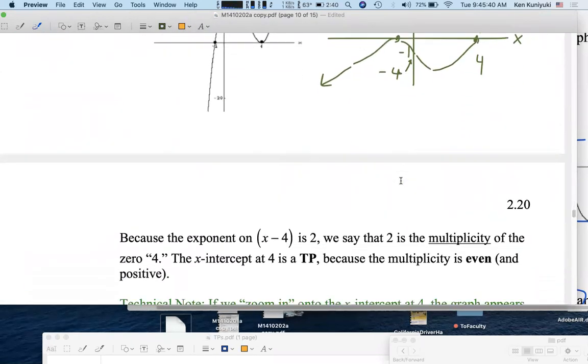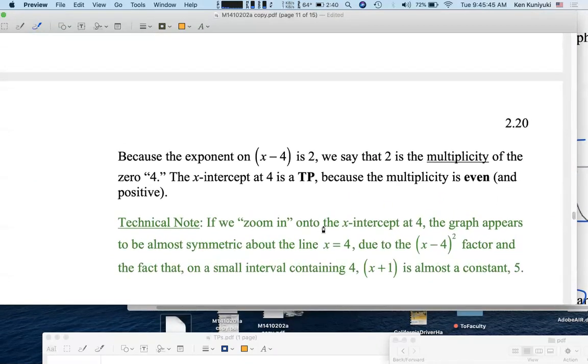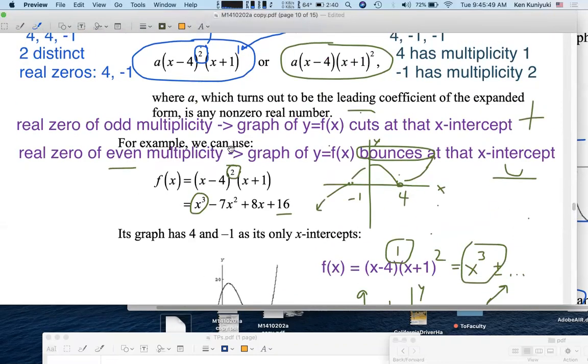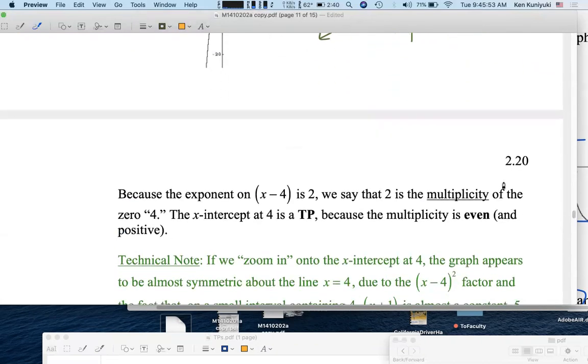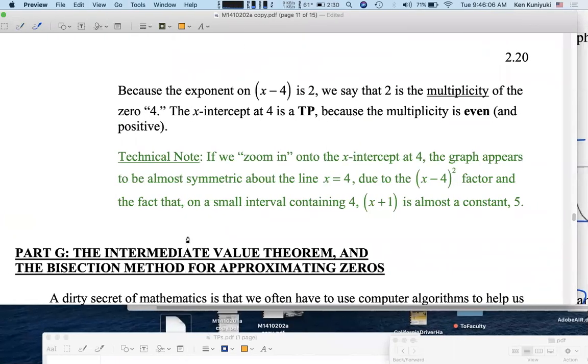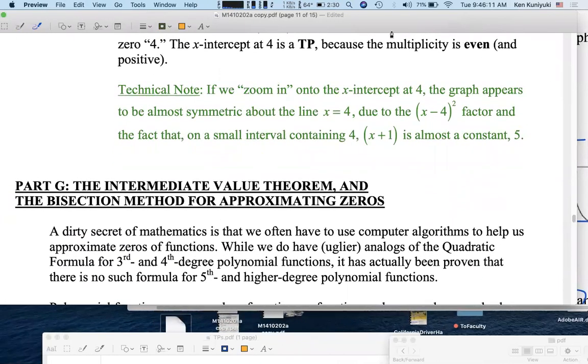Wow. And again, the even and odd multiplicities correspond to bulls and snakes, basically, locally around the x-intercepts. So the graph is kind of like a snake near -1, 0 here, and kind of like a bull at 4, 0 over here. All right. Next, a few final comments.